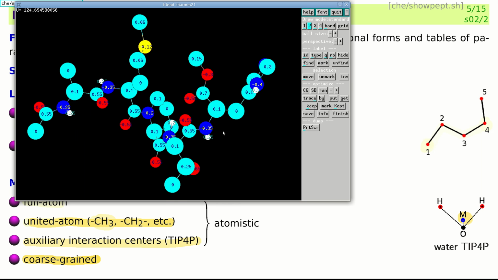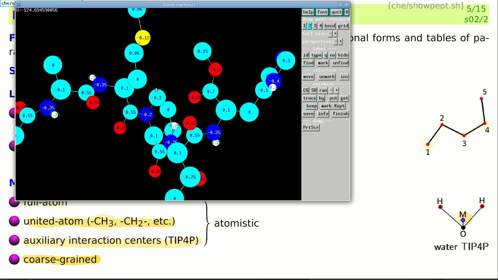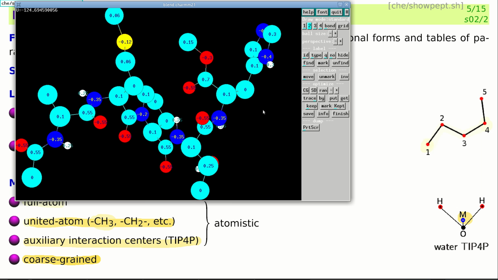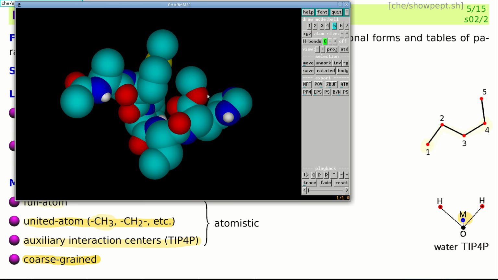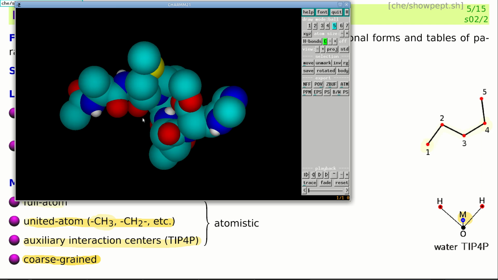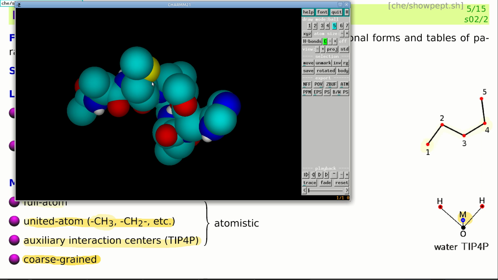In this type, I can also show partial charges which are assigned to different atoms and other things. And it is the same model using balls. So this is methyl, this is methionine sulfur, and this is just methyl without hydrogens.